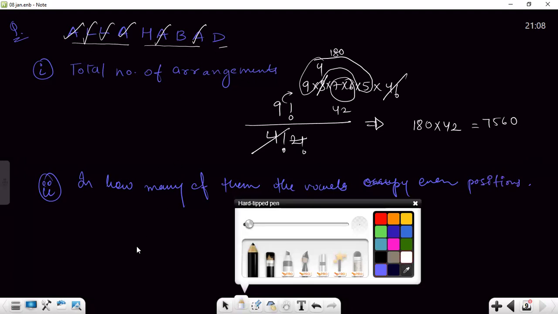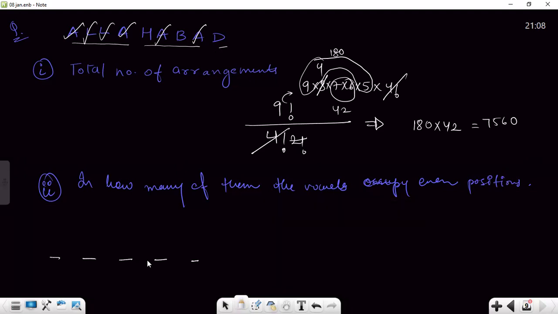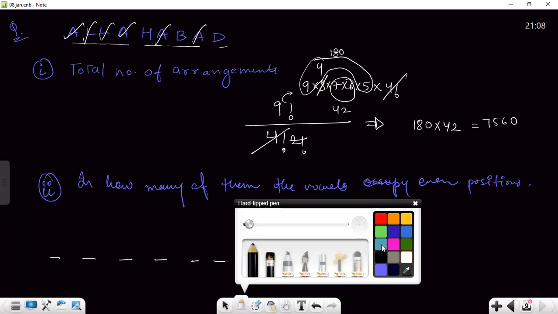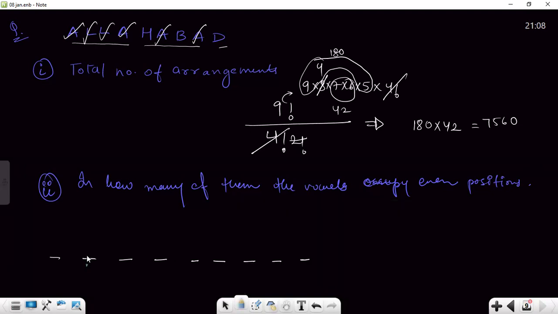So there were 9 positions: 1, 2, 3, 4, 5, 6, 7, 8, 9. Even positions are these: the 2nd, 4th, 6th and 8th positions.